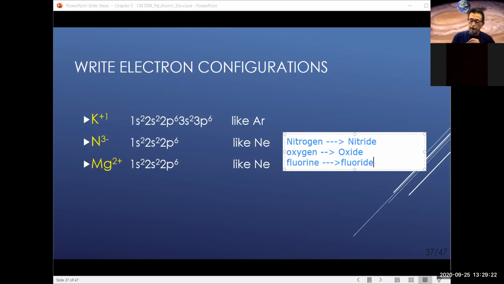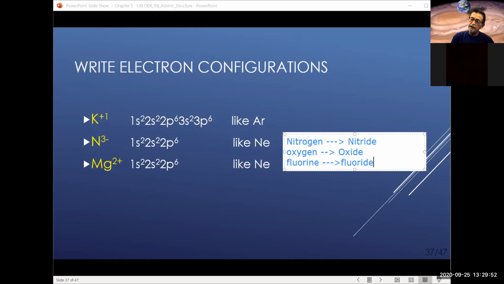If you use fluorinated toothpaste, you're using fluoride and not fluorine. And so naming is very important, because you will be given word problems, and they'll talk about questions that have the name nitride, not to be confused with nitrogen, or they may say oxide, not to be confused with oxygen itself, the element.